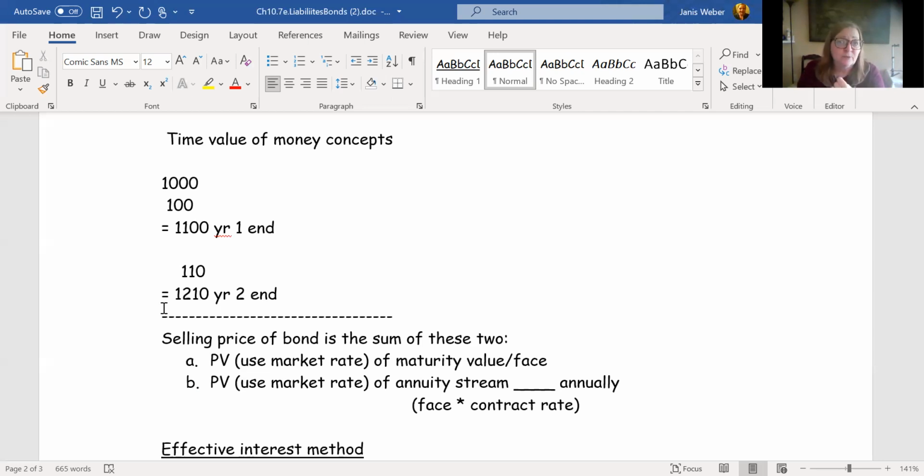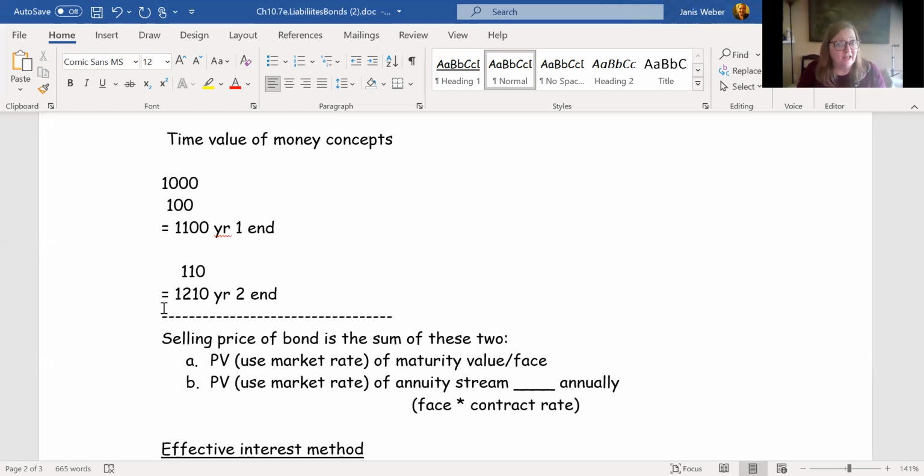To come up with the selling price of the bond, we need the present value of that lump sum payment that's coming at the end. So if it's a $100,000 bond, the bondholder is going to give us the $100,000, we're going to give them the bond, and then we're going to pay them back at the end of the bond period. But we need to figure out how much that's worth today, given that we're going to pay them back a long time from now.